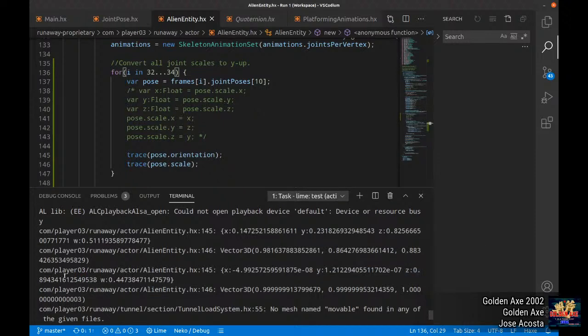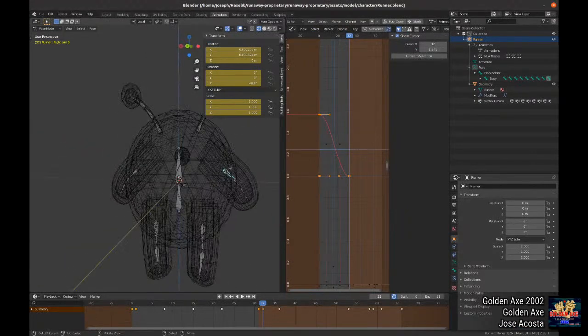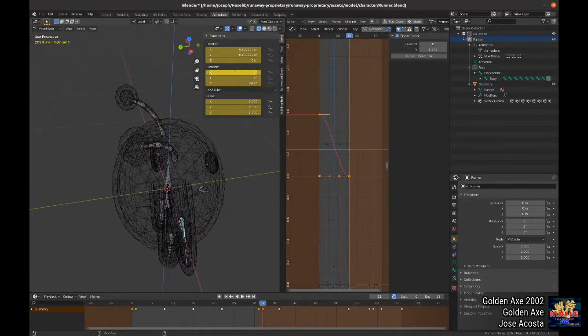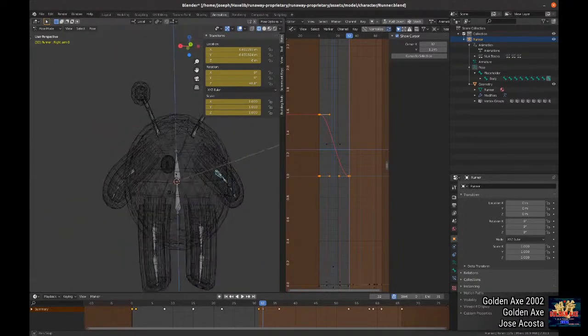And then z is 0.8, almost 0.9, and w is 0.44. So z is non-zero, which means it's a rotation around the z-axis, which it's supposed to be. The local z-axis, what it considers the z-axis. And it doesn't have any x rotation, it doesn't have any y rotation.